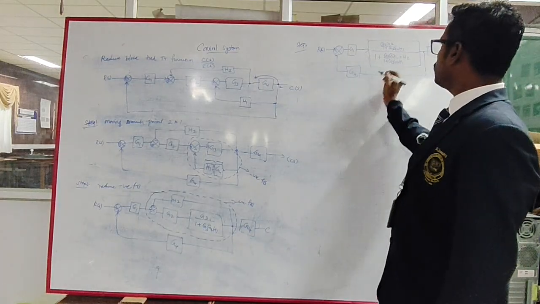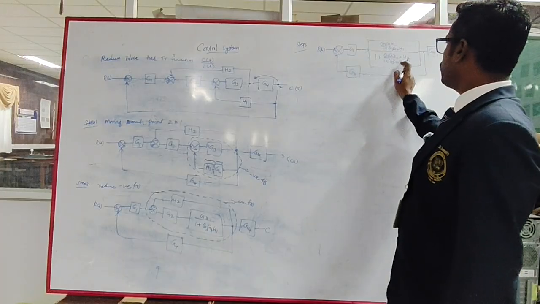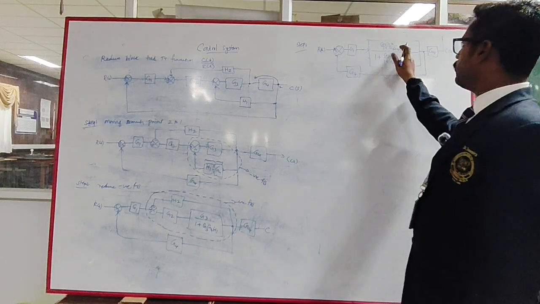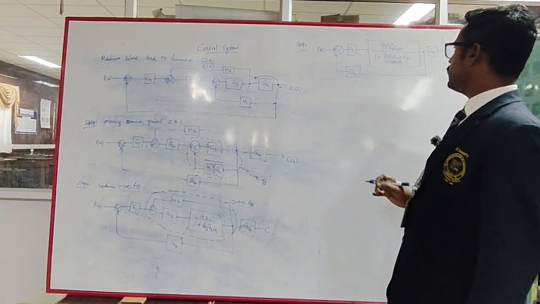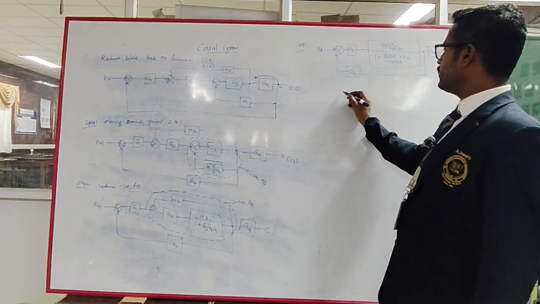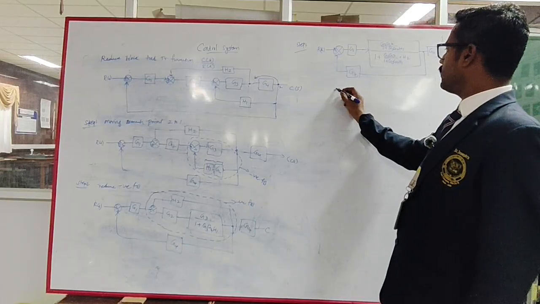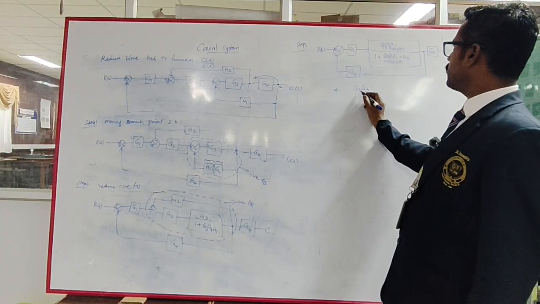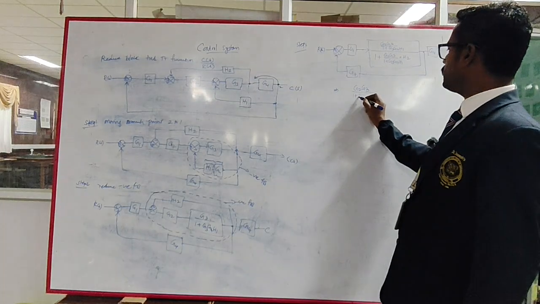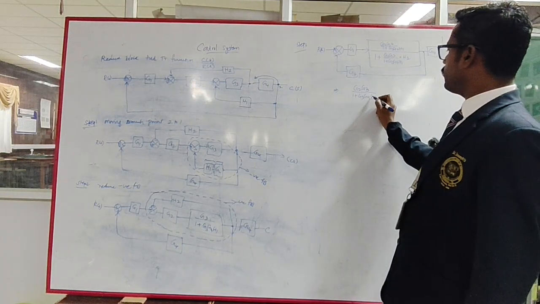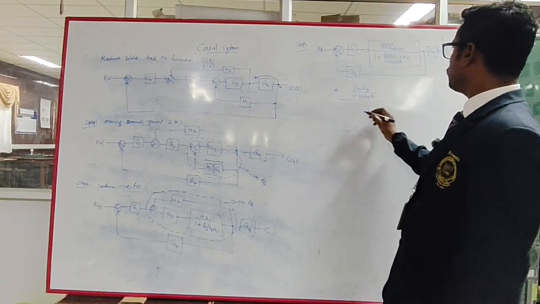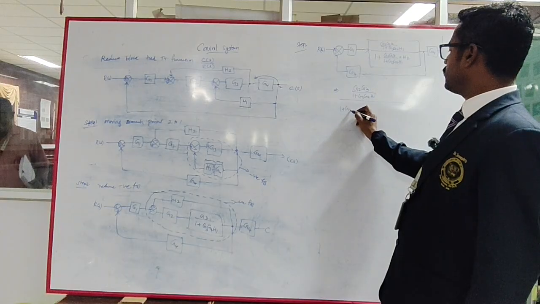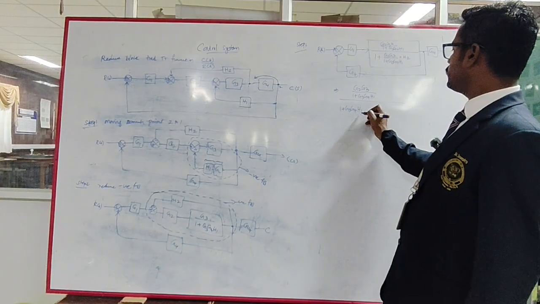Okay, so if you take this one, you can take the LCM and reduce it. So take the numerator and the denominator, and you can take the LCM. If you take this block, you will get the numerator G2 G3 divided by 1 plus G3 G4 H1, the whole divided by, if you take the LCM here, 1 plus G3 G4 H1.